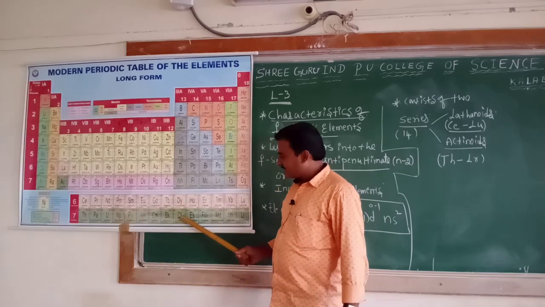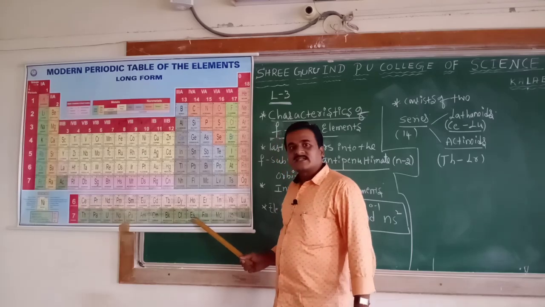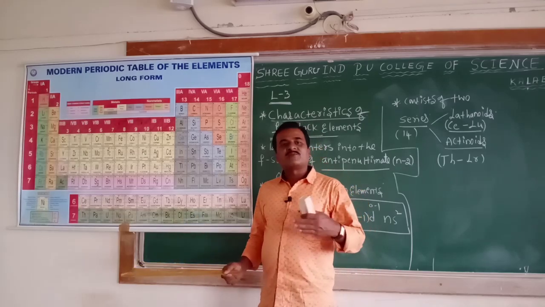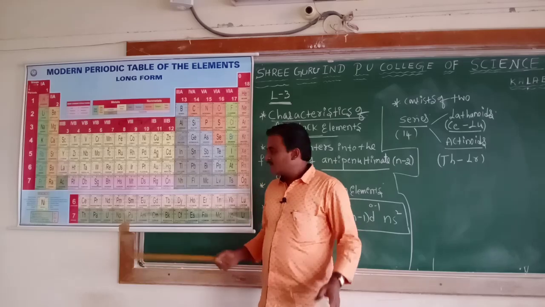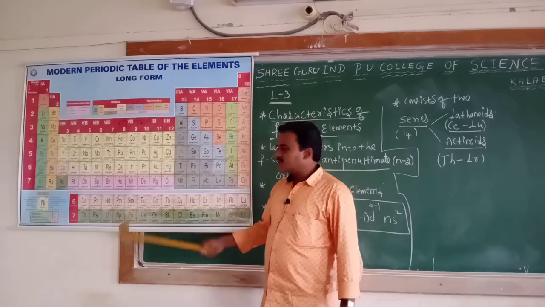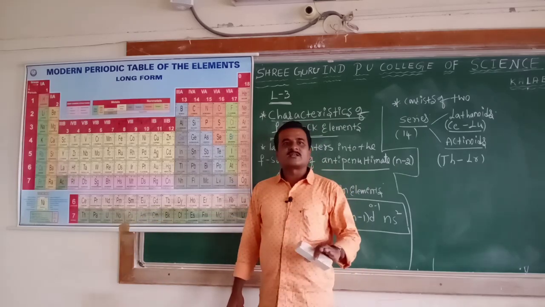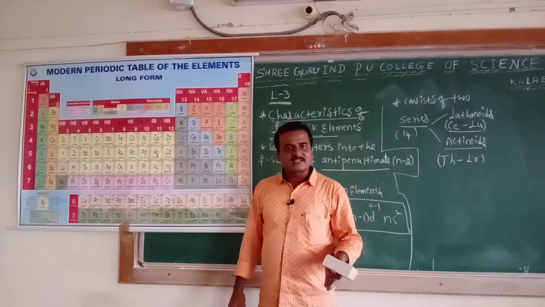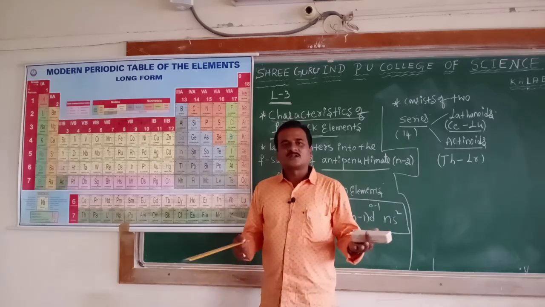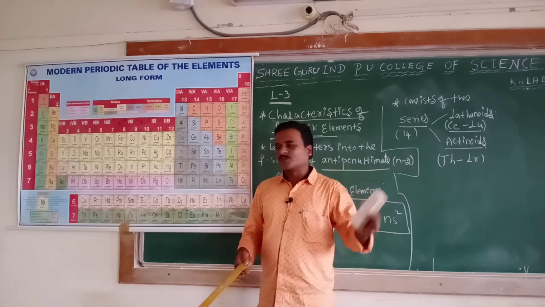Then Cf represents californium. And Es stands for the name of a scientist, einsteinium. So as per the IUPAC nomenclature, some of the element symbols represent popular personalities and well-known objects in the universe.